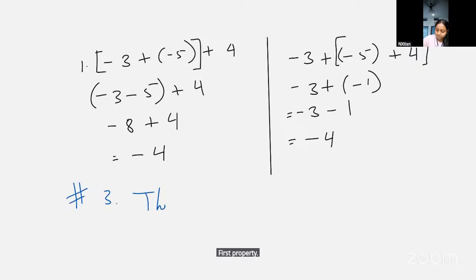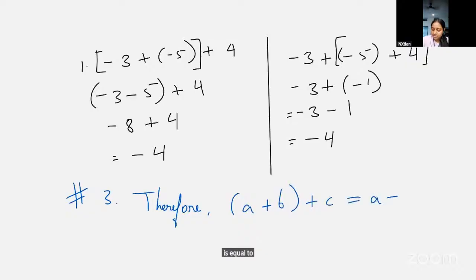Therefore, A plus B plus C is equal to A plus B plus C, where A, B, and C are integers.